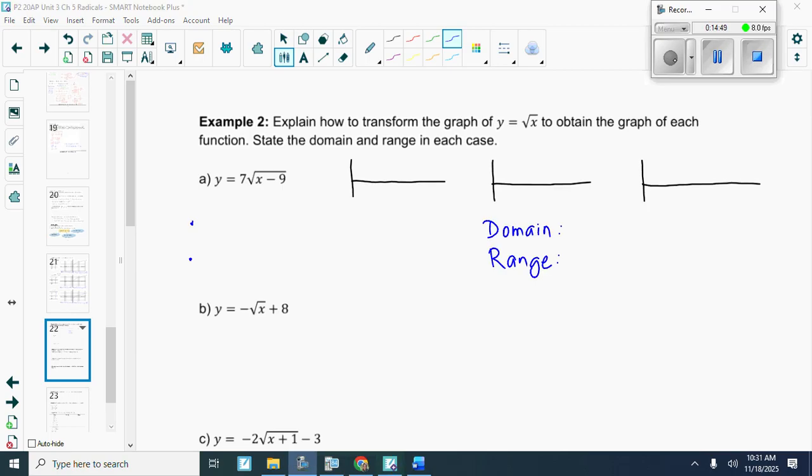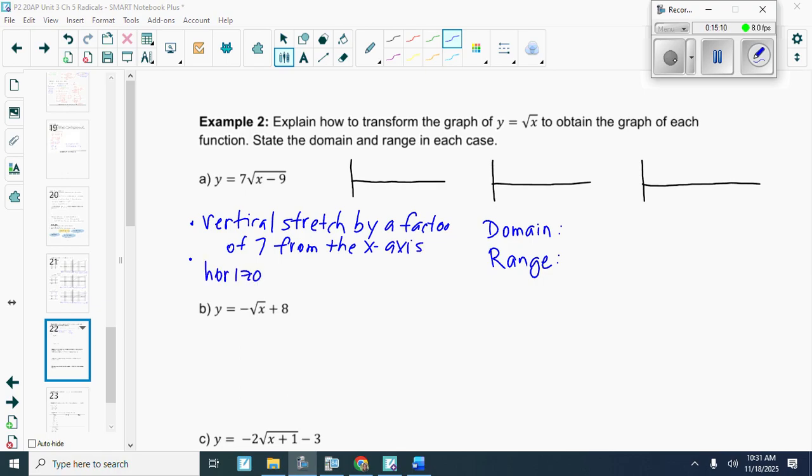Okay, here's your check-in. You should have a vertical stretch by a factor of 7 from the x-axis, and then there's also a horizontal translation right 9 units.